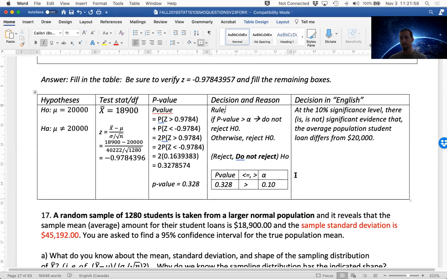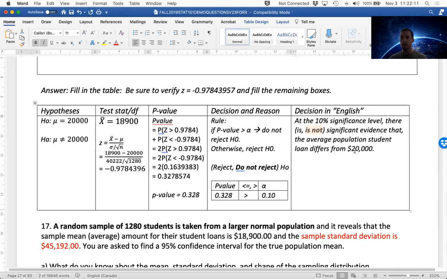So then we can say, at the 10% significance level, there is not significant evidence that the average population differs from 20,000. So the conclusion that we are writing for the test, this would be step 6, is in terms of the alternative.